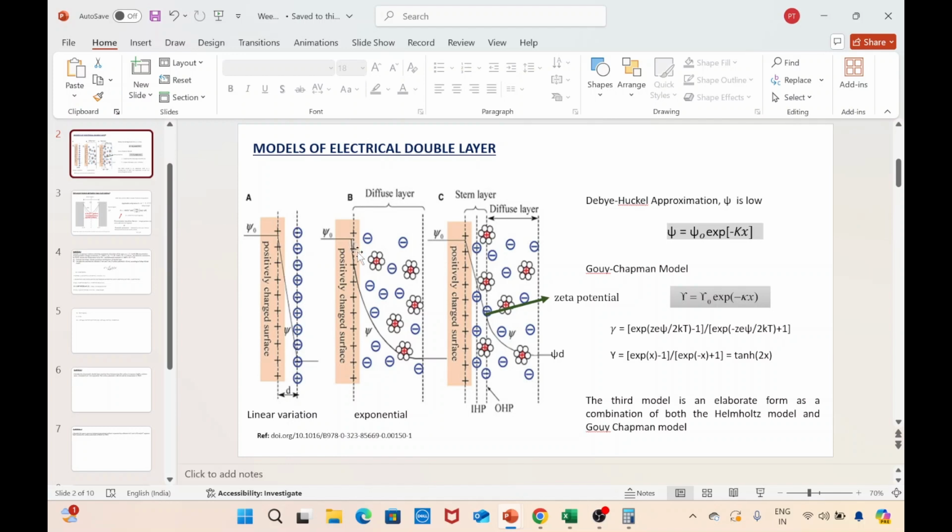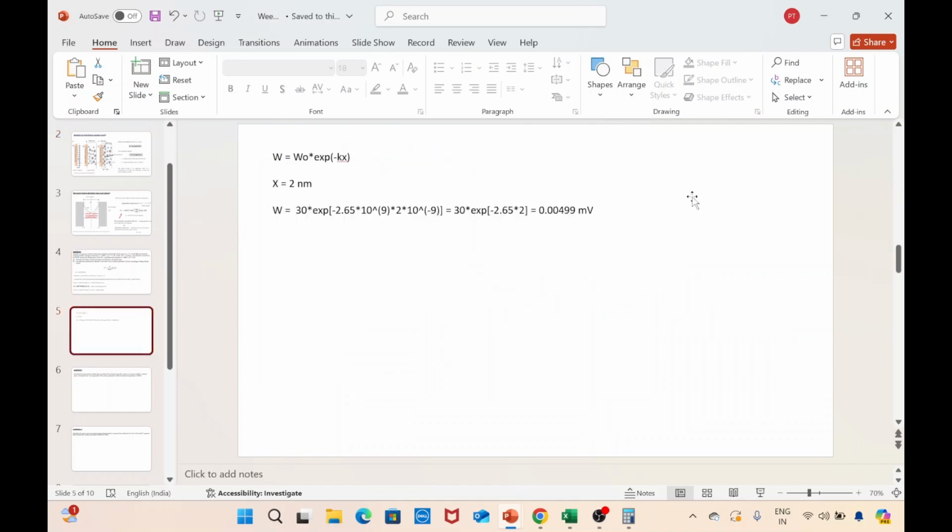As you keep moving away from the surface till the end of the diffusive layer, the potential keeps decreasing in an exponential fashion. After crossing this diffusive layer, the potential drops to its lowest value and then remains constant. There is no change in the potential, but it has reached its lowest level. That's what we can see here mathematically.